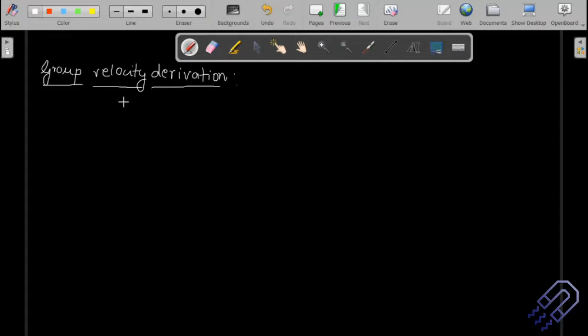So for group velocity, first thing is we should have a wave and we should represent it mathematically. So let's do it. So we have a traveling wave, and mathematically, if you have a wave, you can represent it as a cos function or sine function. So I'll take it as cos(kx - omega t).